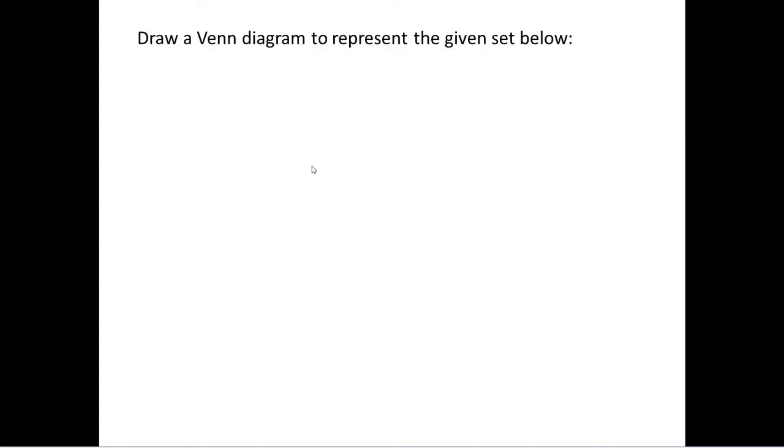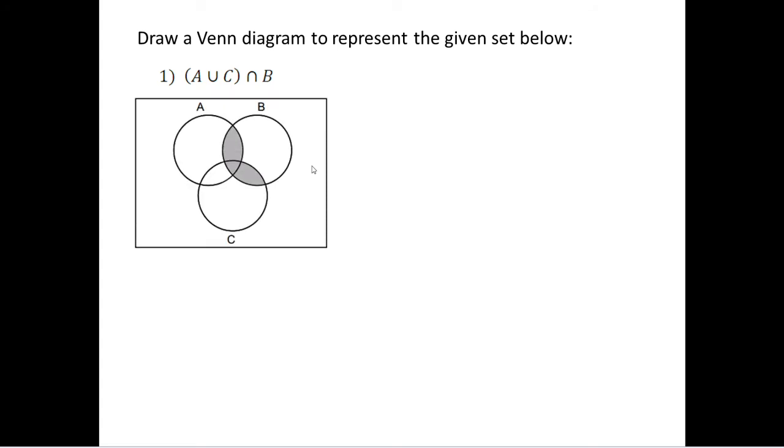Let's have our exercises. Draw a Venn diagram to represent the given sets below. Number one, the union of A and C intersection with B. So this is how we draw A union C intersection B. We are going to find the intersection of the union of A and C with B. The union of A and C is these two circles.